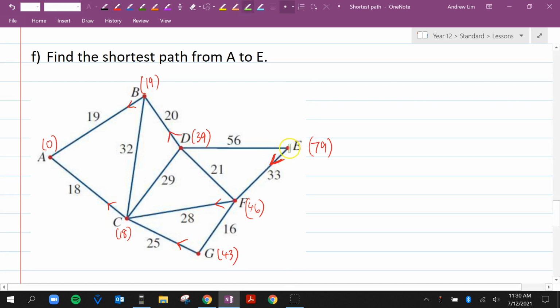Alright, so let's highlight, follow the arrows. That's it, that's the shortest path from A to E. So it's from A to C to F to E, which has a weight of 79. Okay, every other path will be longer than that.